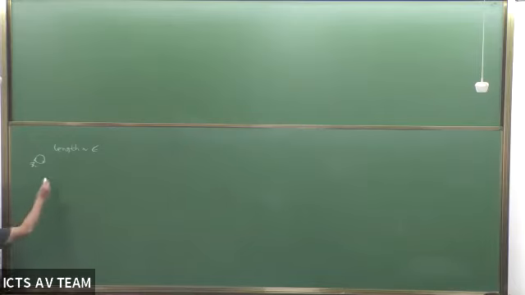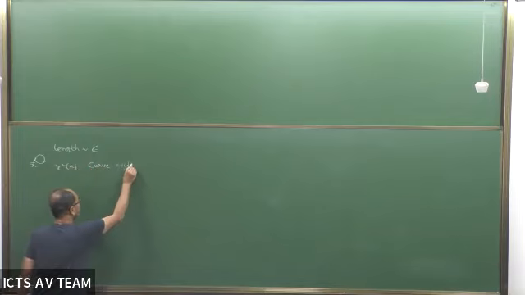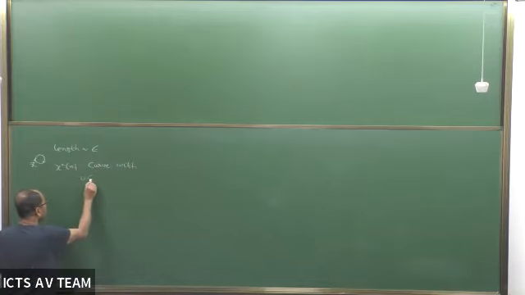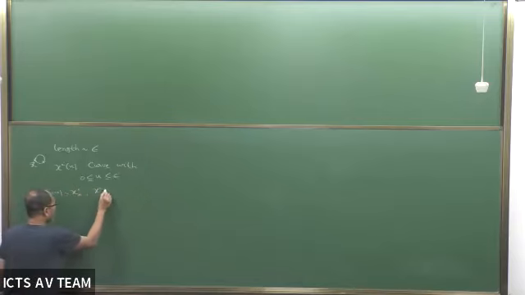We denote by xi of u the curve with 0 less than or equal to u less than or equal to epsilon, where xi at u equal to 0 is xi naught, and xi at u equal to epsilon is also xi naught.